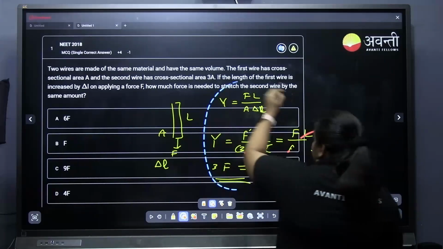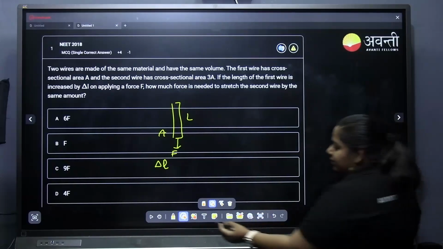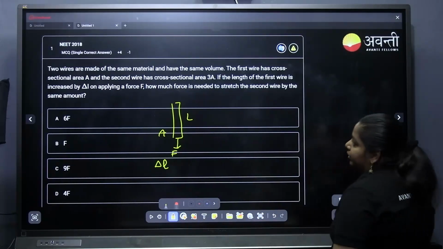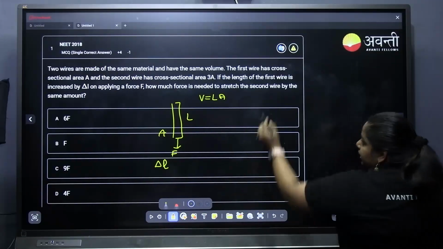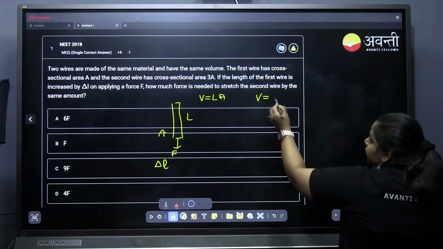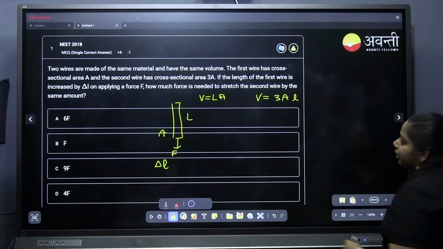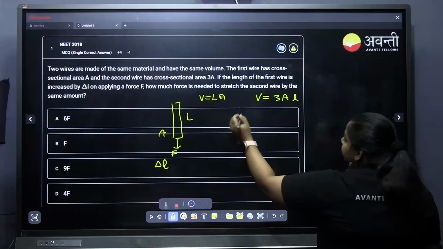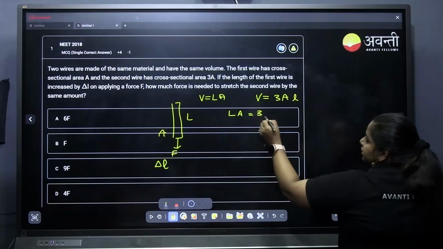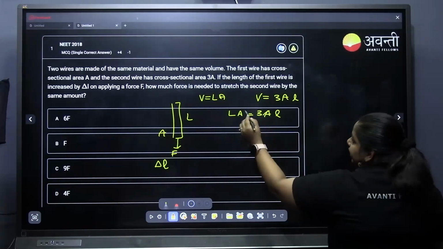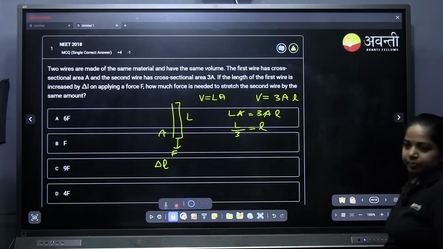Both wires have the same volume, which means the length is different. Here volume equals L into A. Here also the volume is the same, which means 3A into some new length l. Comparing, we get LA equals 3A l, A cancels, so l equals L by 3.